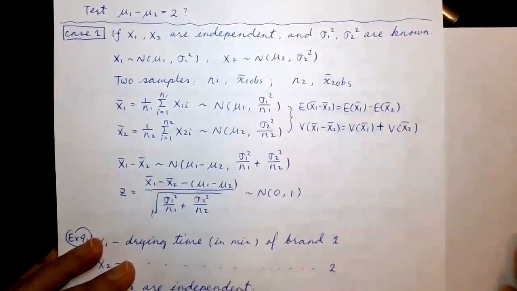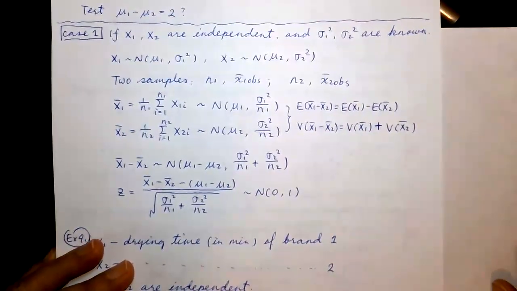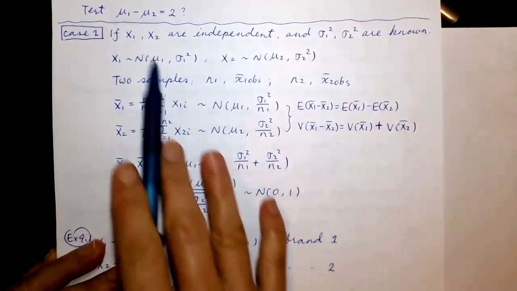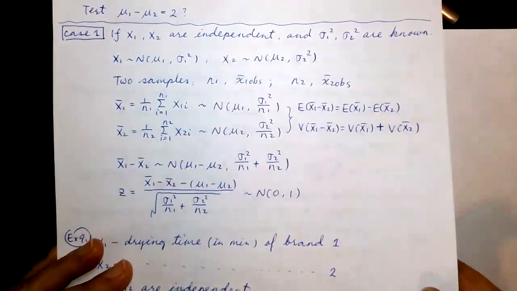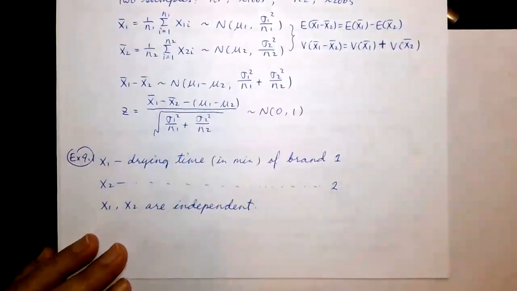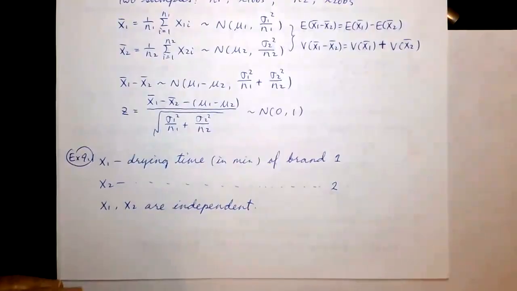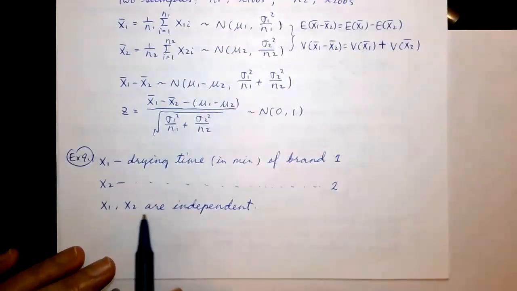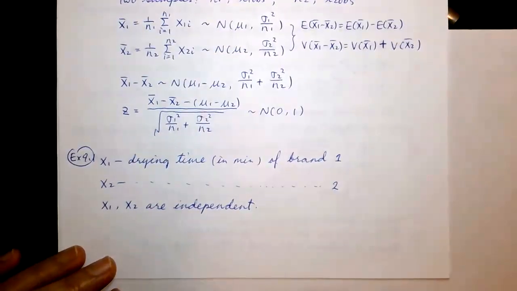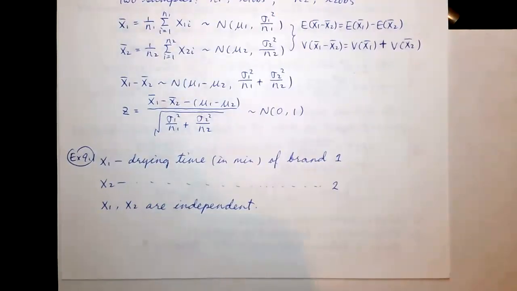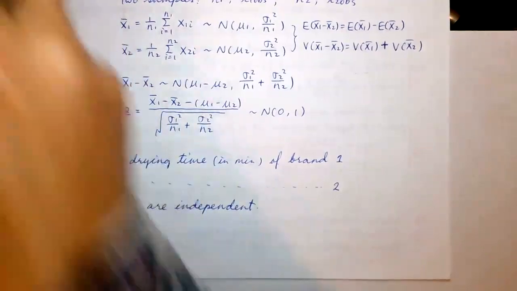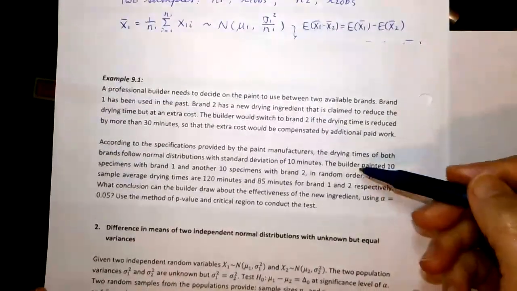We don't have the covariance term here because x1, x2 are independent. So their covariance is 0. So that makes it important for you whenever you are dealing with different things, with two variables now, you need to see whether it makes sense to claim that x1, x2 are independent. Here, yes, the two paints are independent of each other.